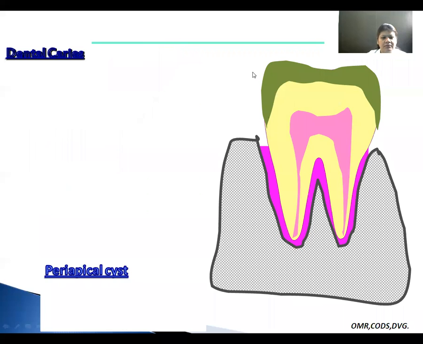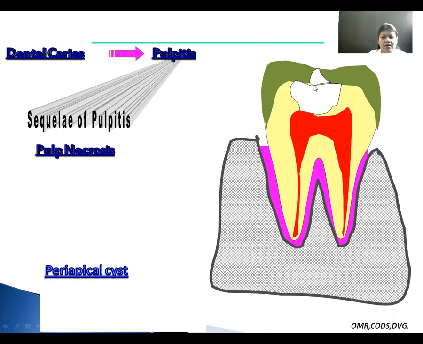So first, when infection occurs, it goes to the enamel and dentine, dentine caries occurs, and it reaches the pulp. It goes periapically and forms pulp necrosis and causes apical periodontitis and the periapical cyst.